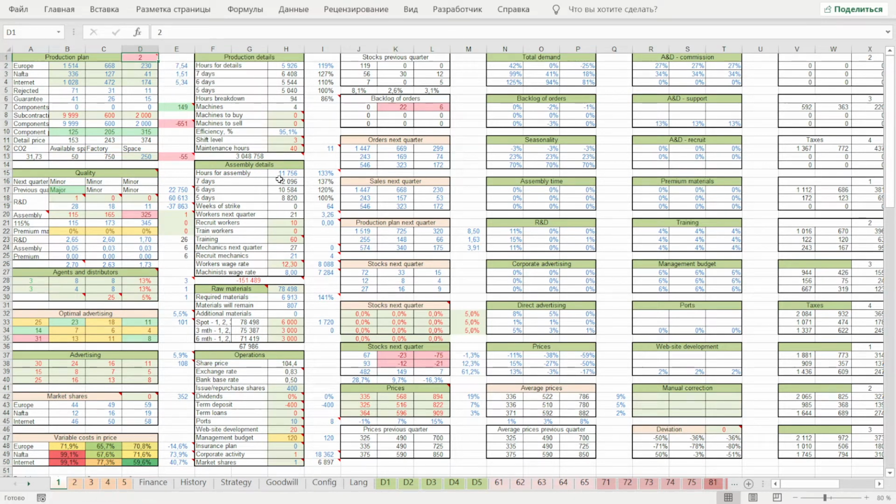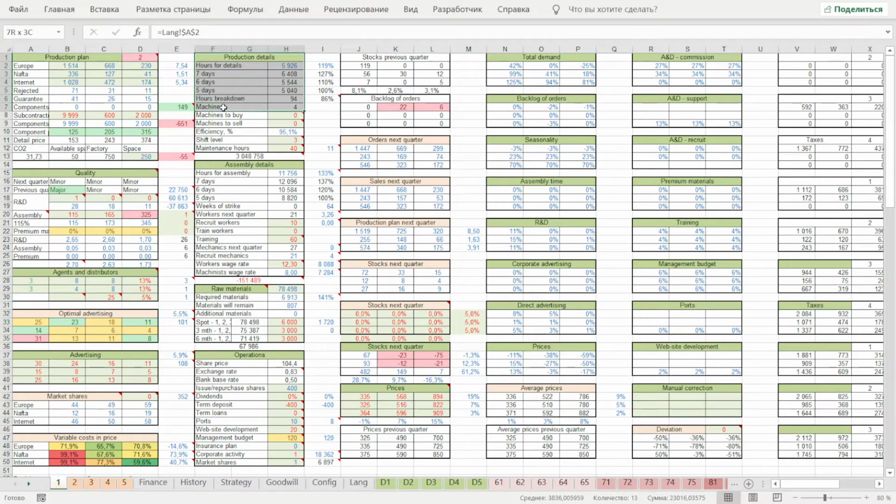In the next step, the model calculates the required number of operating hours for production details, assembly details, and the required amount of raw materials.